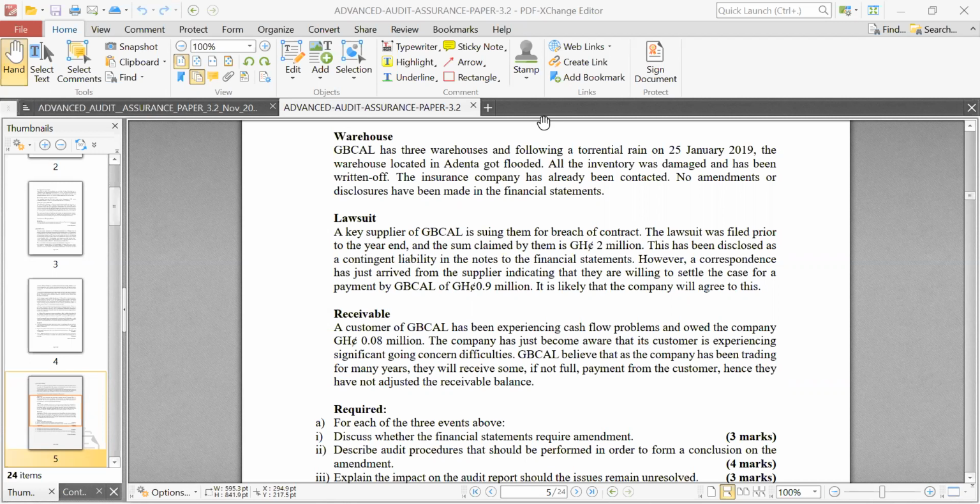As at the year end, it's very unlikely that this 80,000 was recoverable or was going to be recovered.